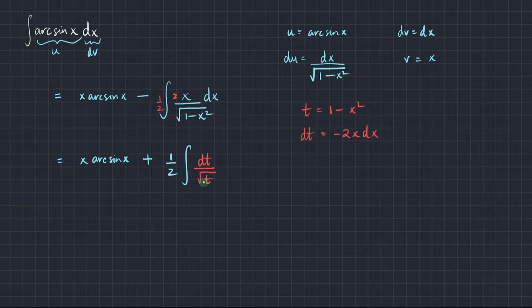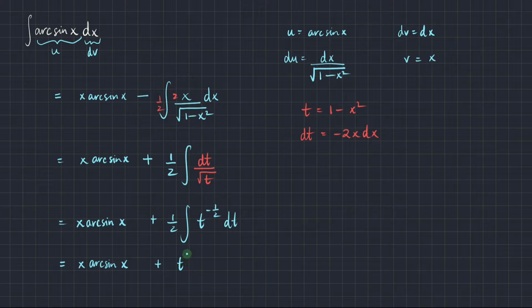Now we know that 1 over square root of t can be written as t to the negative half, and using the power rule for this integral, we can get t to the half plus c. t was simply 1 minus x squared, and so the final answer should be x arcsine x plus square root of 1 minus x squared plus c.